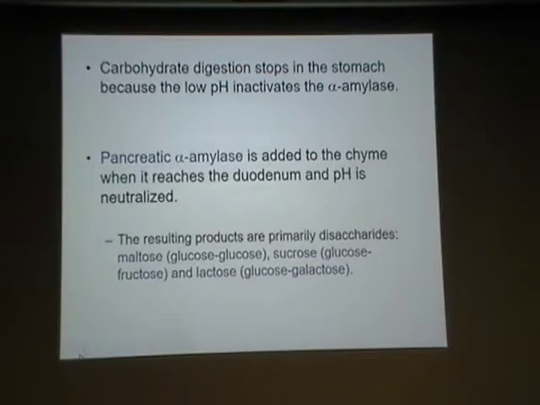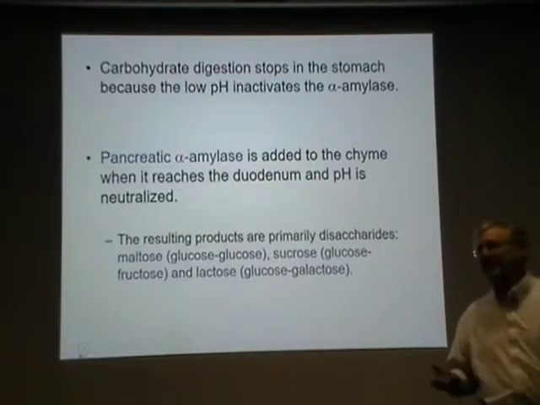Okay, so nothing much is happening in the stomach, but once the stomach empties into the duodenum, the dietary carbohydrates are exposed to pancreatic amylase. I don't usually put alpha amylase in there, but pancreatic amylase. So pancreatic amylase is the secretion of the pancreas produced by the acinar cells of the pancreas.